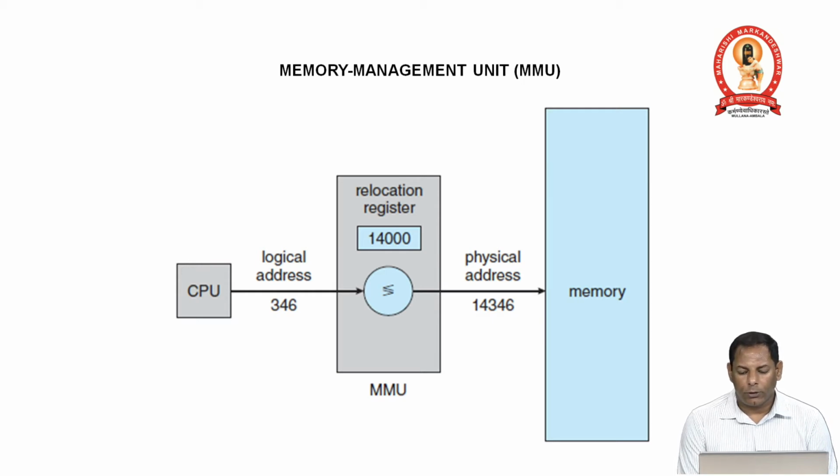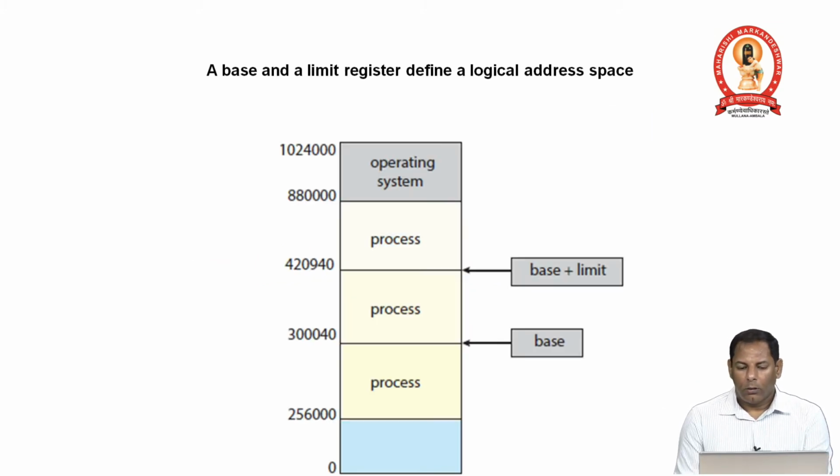For example, if the base address is 14,000, then the attempt by the user to address location 0 is dynamically relocated to location 14,000, and access to location 346 means we are actually accessing location 14346. So this is done by the special unit known as the memory management unit. And we have a base register and a limit register. This way we will convert this logical address into a physical address.